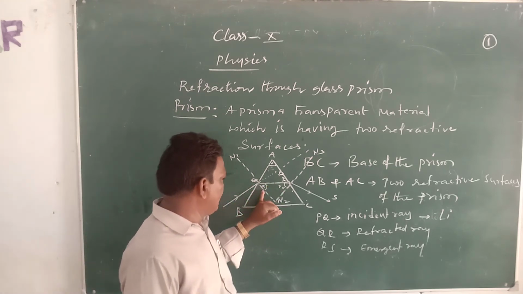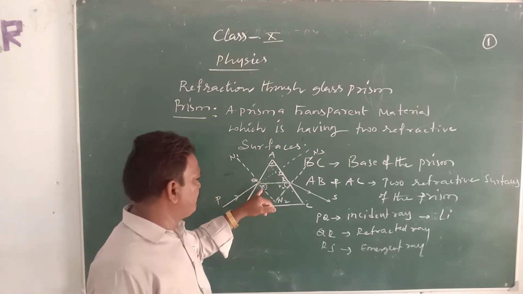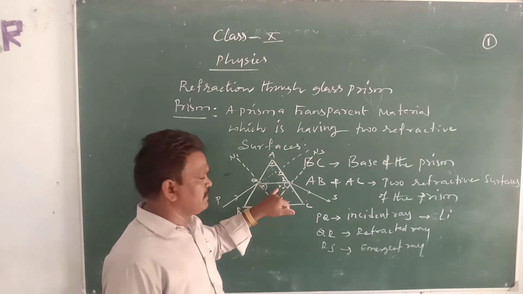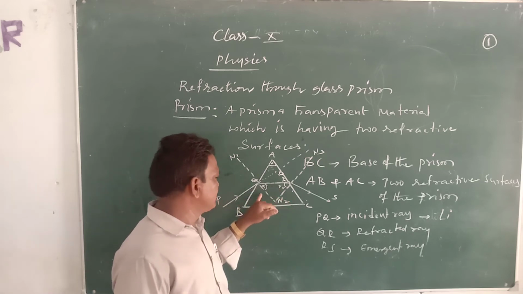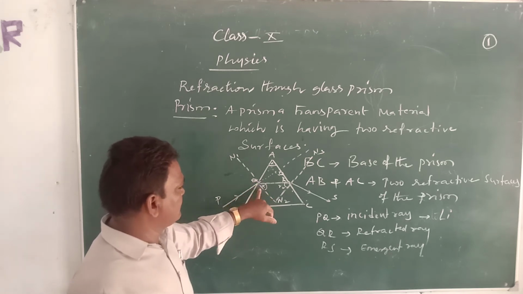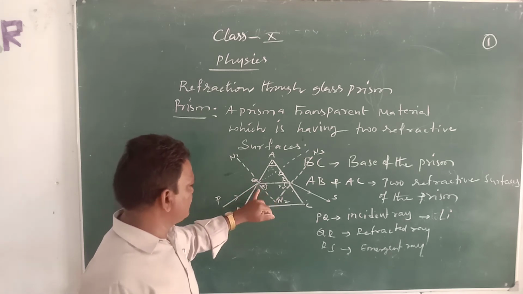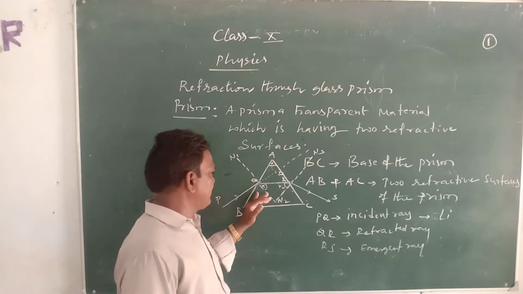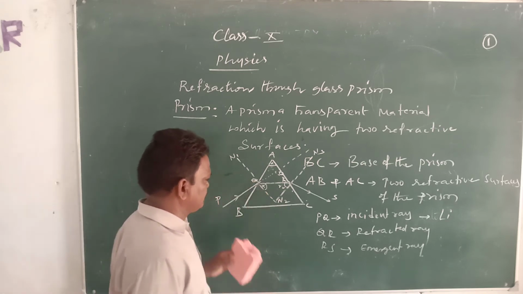R1 is the refracted ray of the ray inside the prism. The incident ray which is refracted inside the prism is R1.